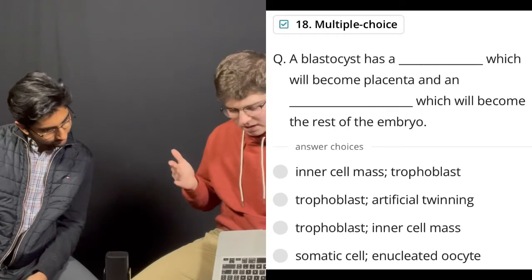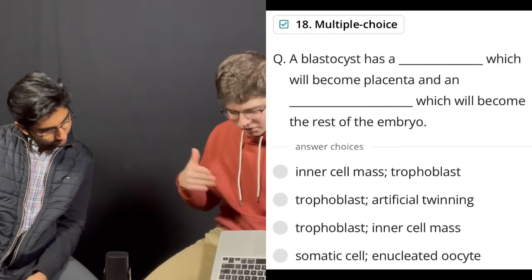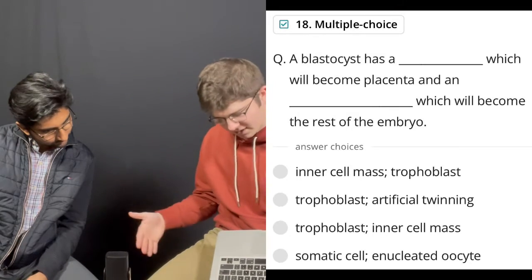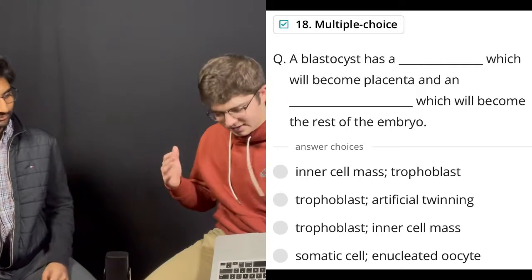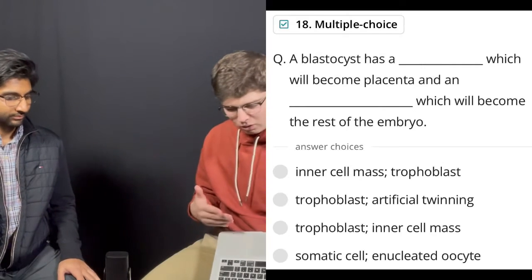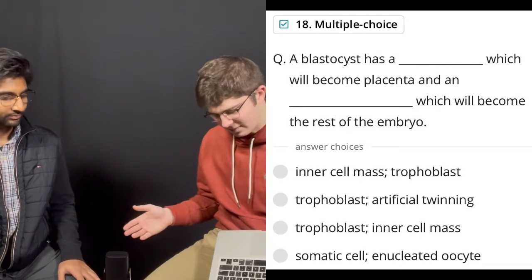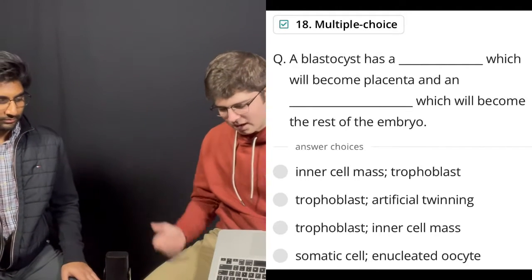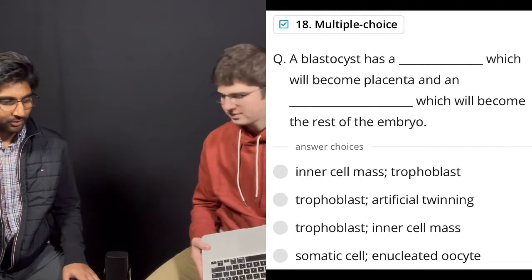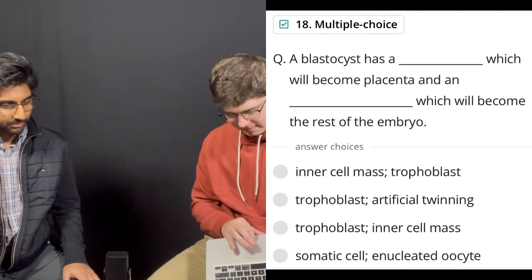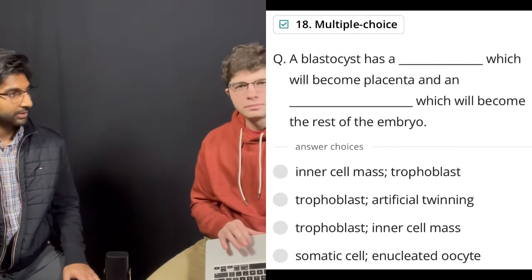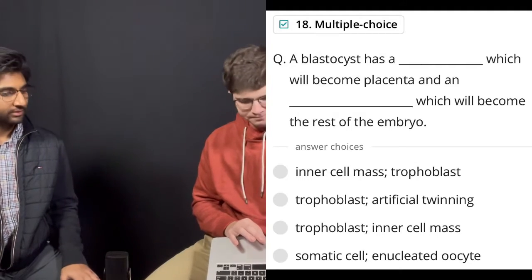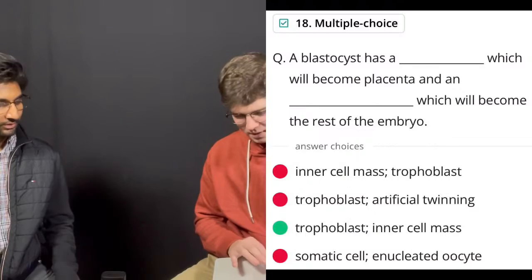Or the trophoblast becoming the placenta, or the artificial twinning becoming the embryo? Or a somatic cell becoming the placenta and an enucleated oocyte becoming the rest of the embryo? I want to go with C. The trophoblast becomes the placenta, and the inner cell mass becomes the embryo. So the inner cell mass becomes you as a person. All right, let's see. Yep, that's right.